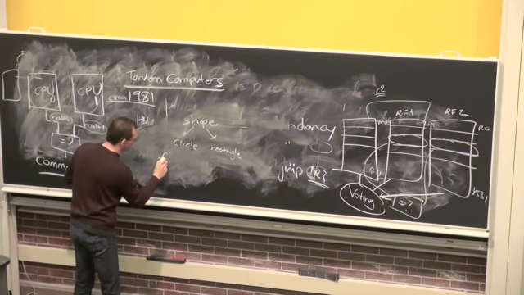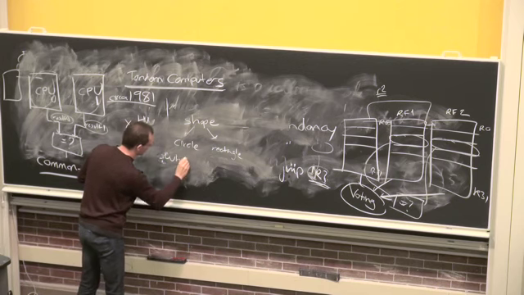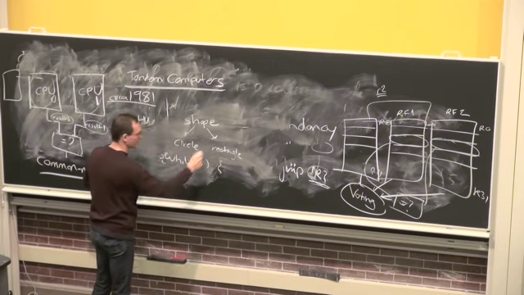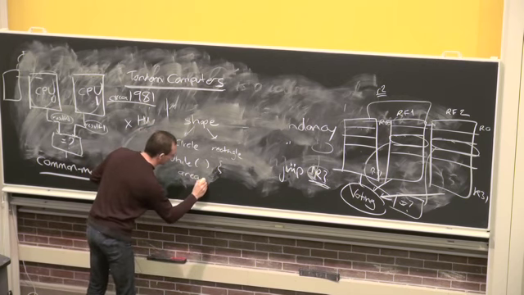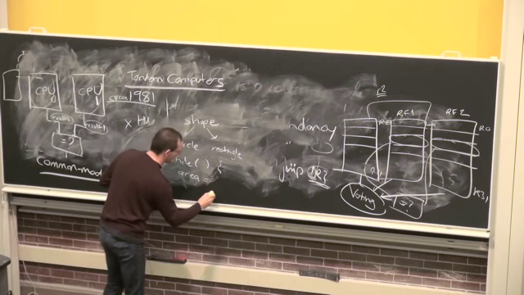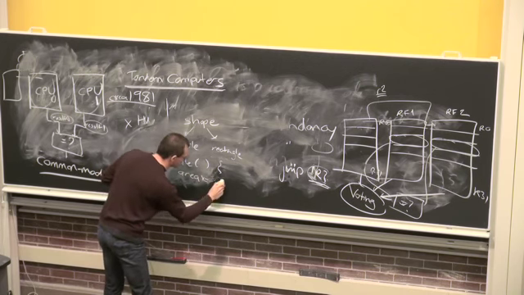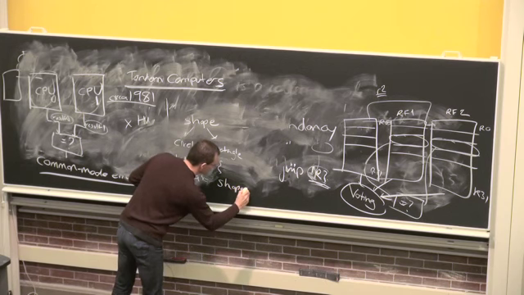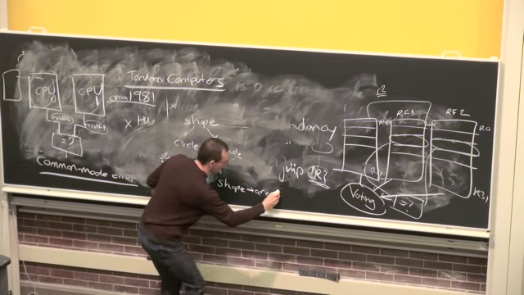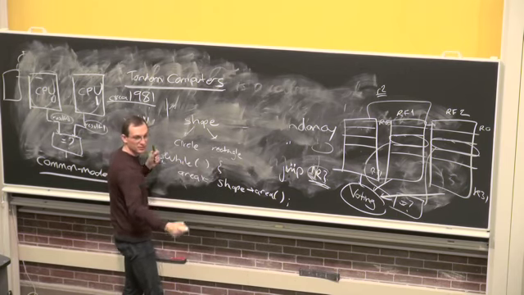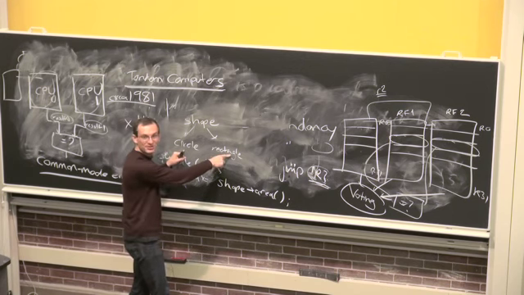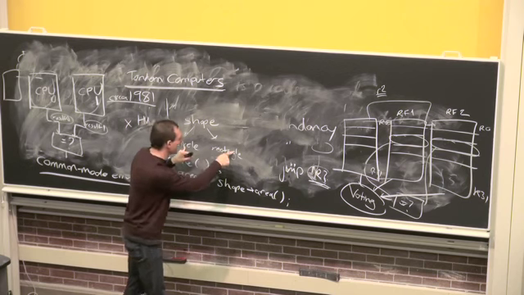You can have a while loop that goes through a bunch of shapes and calculates the area of each shape, shape area. And this is a virtual function call. Depending on the type of the shape, a different function is called, hopefully, for circle versus rectangle. You need to calculate the area of a circle differently from the area of a rectangle.